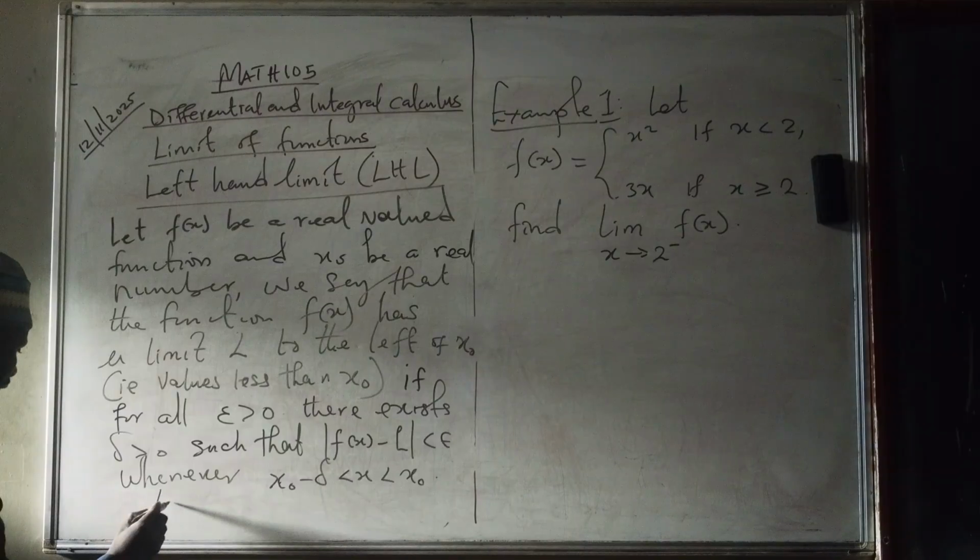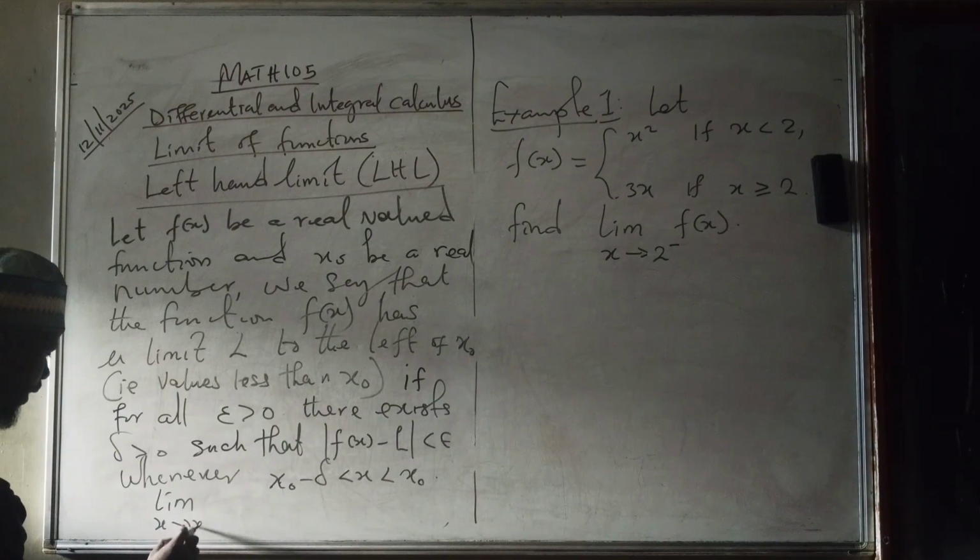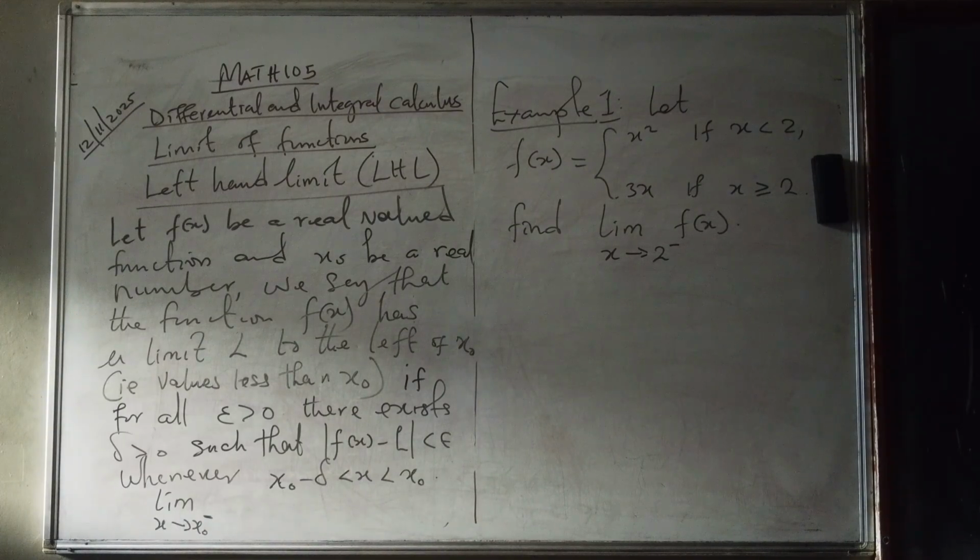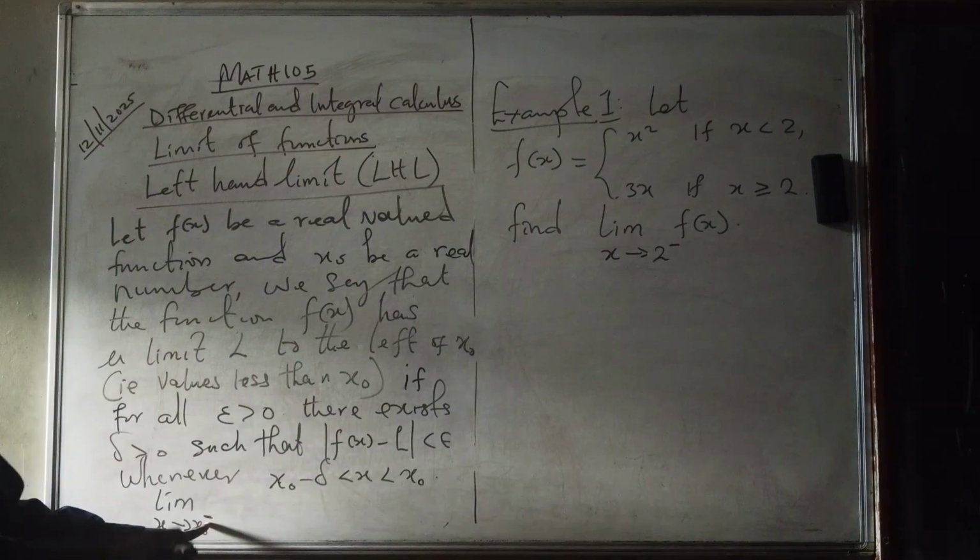So we write it as limit as x tends to x naught, with a negative on the x naught to show that we are talking about the limit to the left.